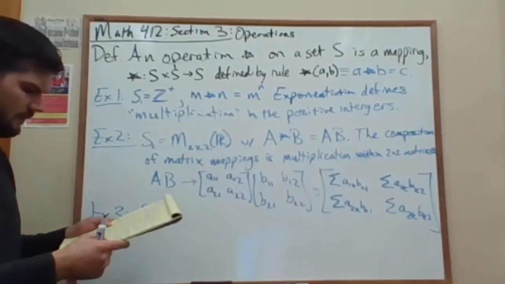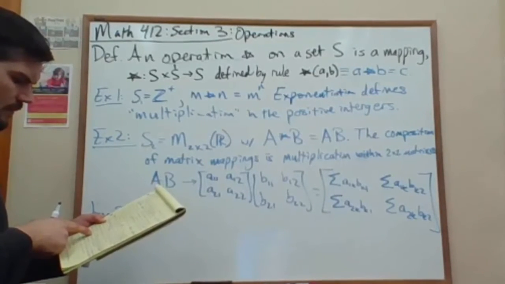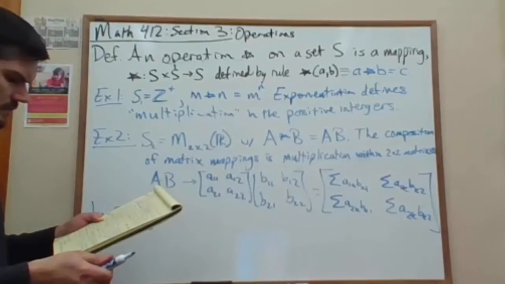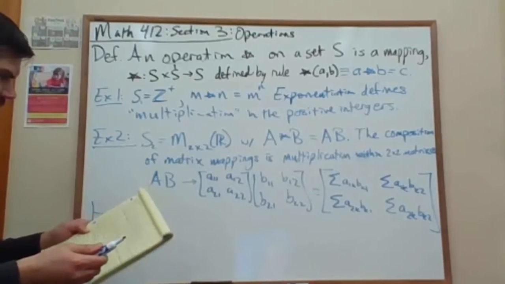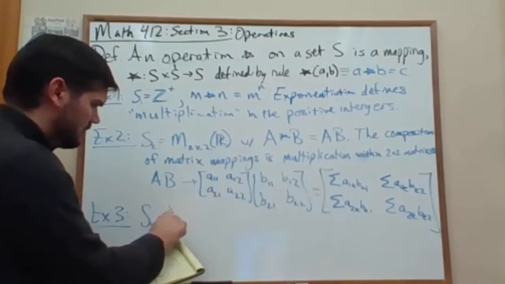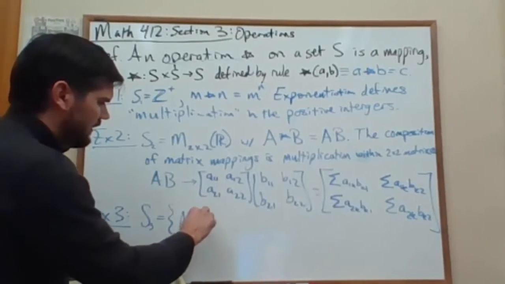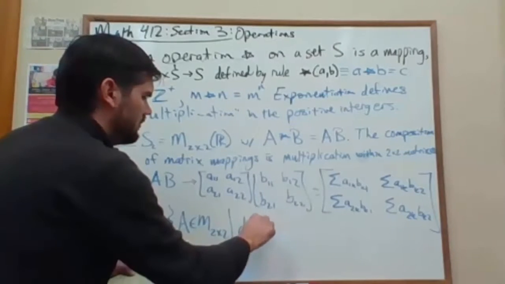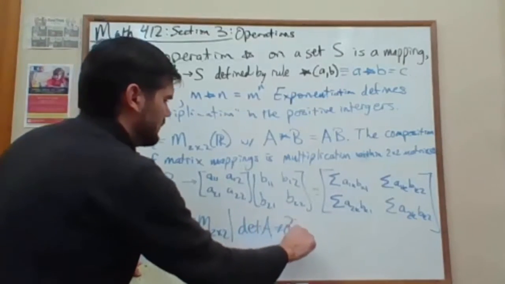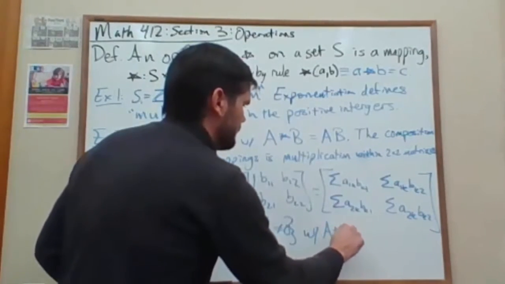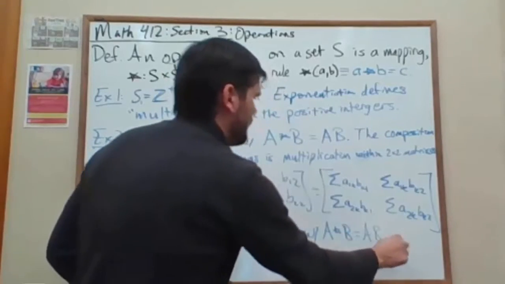Let's say we have this set of all A matrices that are 2 by 2, and such that the determinant of A is not 0. With the same operation.